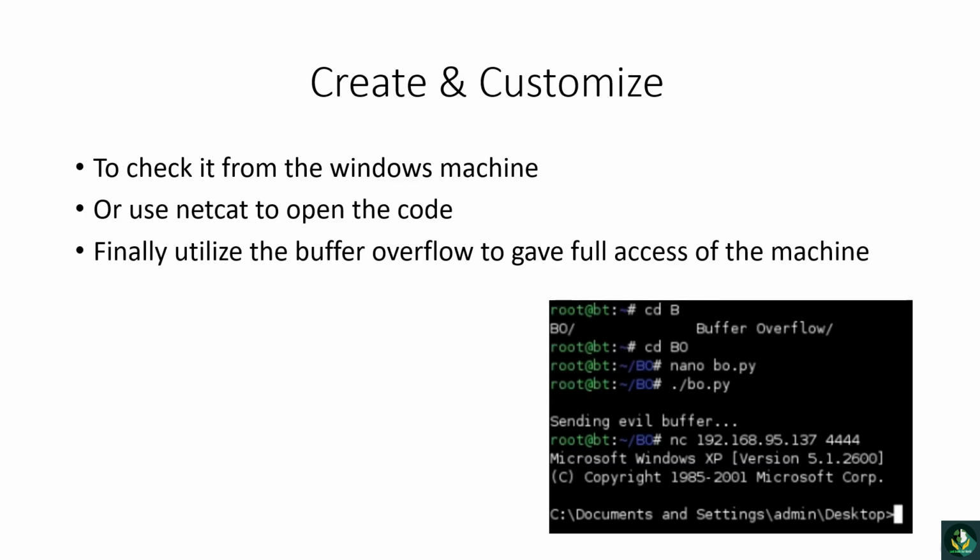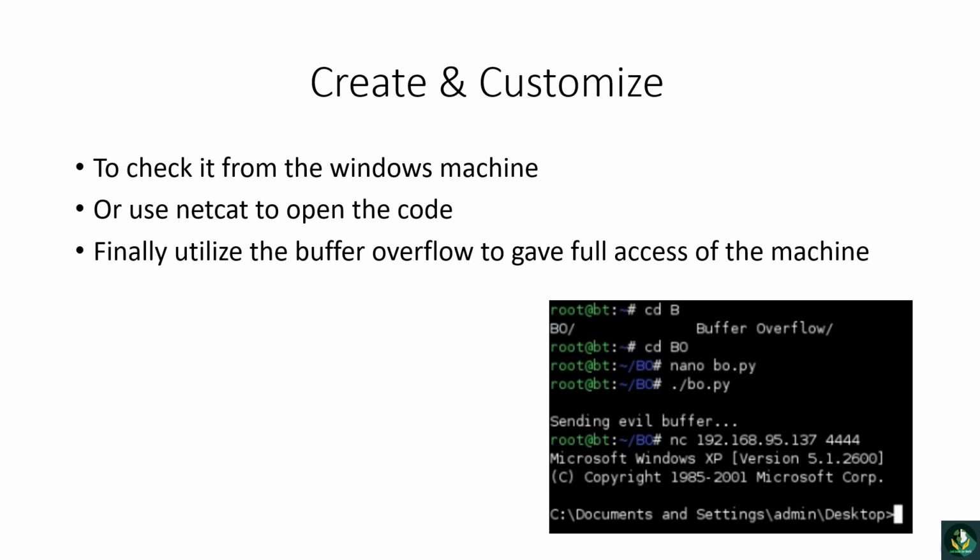So this was the script that we created. As you can see, you can check it from the Windows machine, or also use netcat to open the code, and finally utilize the buffer overflow to get full access to the machine, and a port should be open.